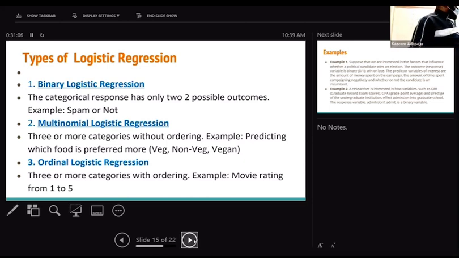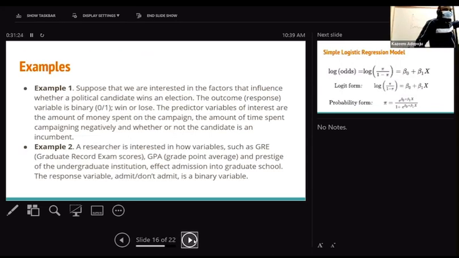When you talk about ordinal logistic, you talk about 3 or more, but they are ordered. I'm going to tell you when we get there what we mean by ordering levels of a categorical variable and not ordering them.